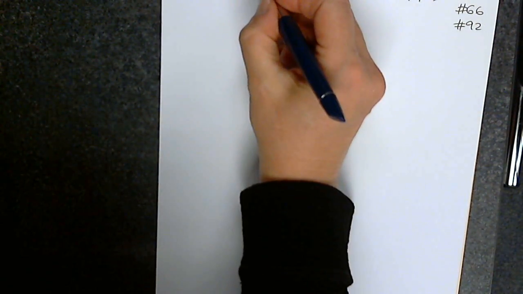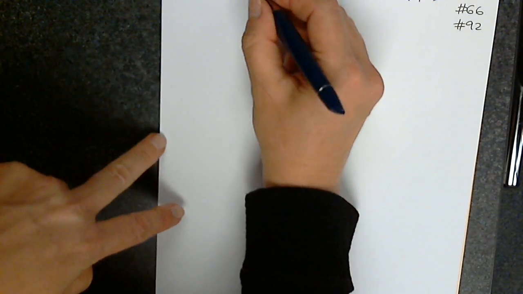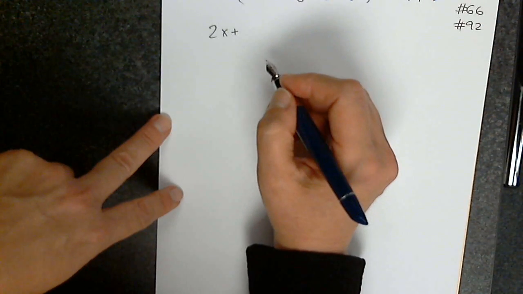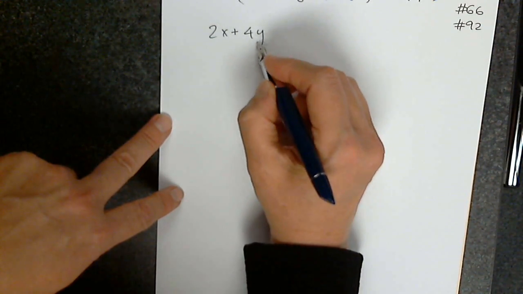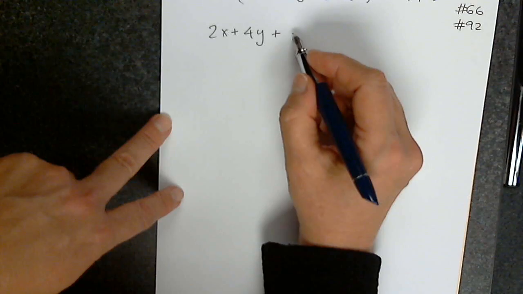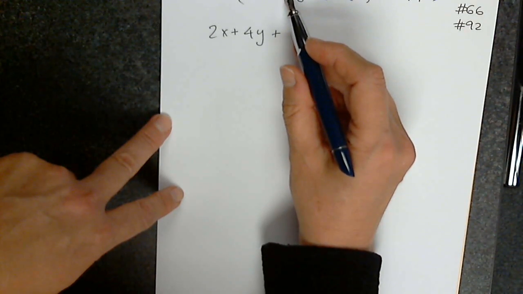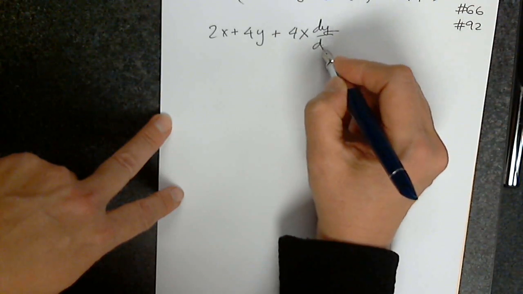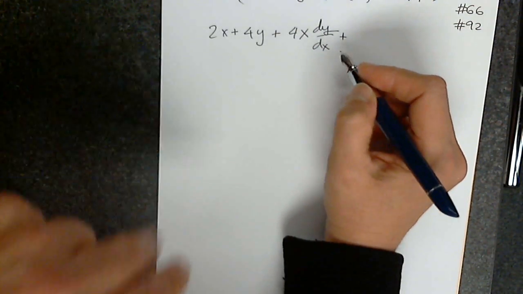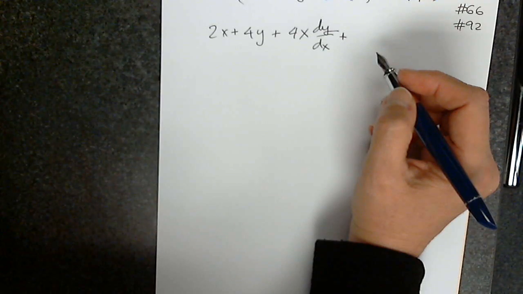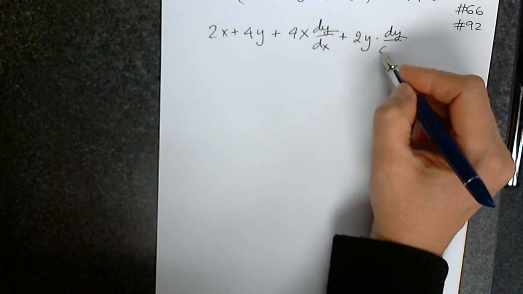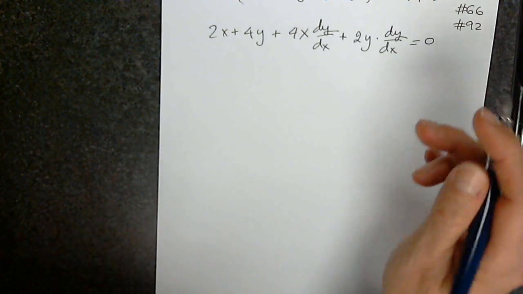What will you do first? Implicitly. Good. Can anyone dictate? Very good. Plus y dx, I have 4x dy over dx. Perfect.